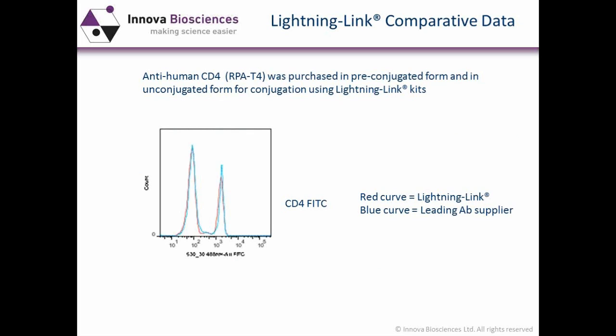In the example shown here, we've undertaken a comparison of Lightning-Link staining of the CD4 cell surface marker using Lightning-Link fluorescein with a commercially purchased antibody from the same clone staining CD4 cells. And you'll see that exactly the same staining intensity is seen using Lightning-Link as with the traditional antibody staining.